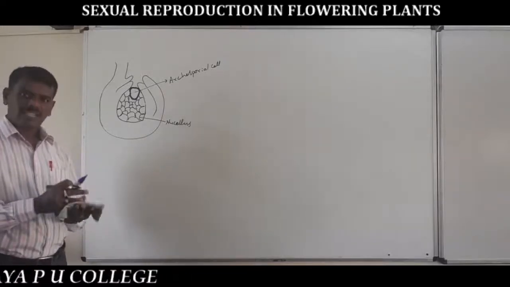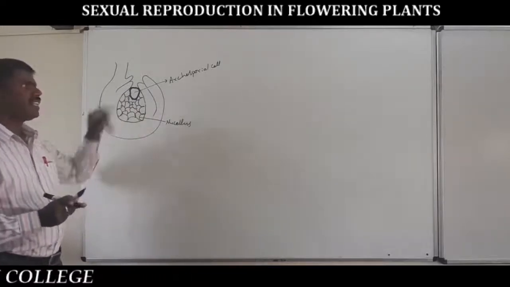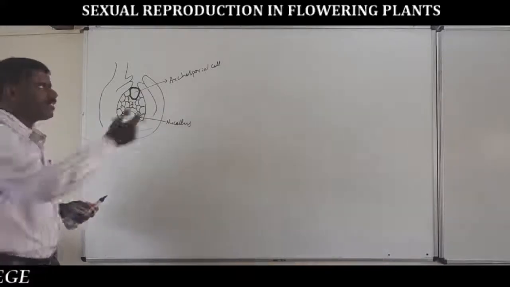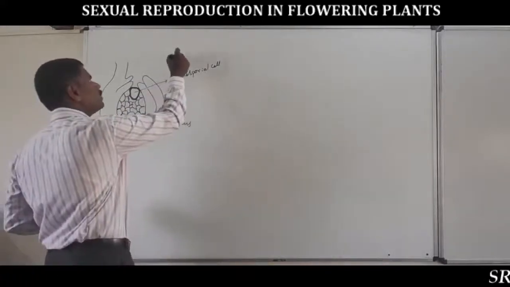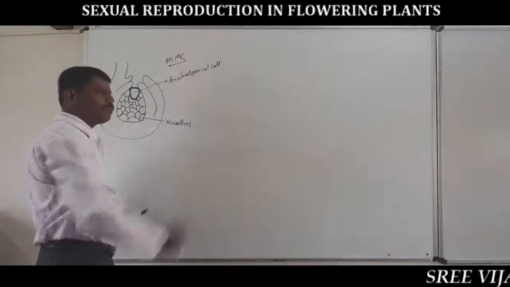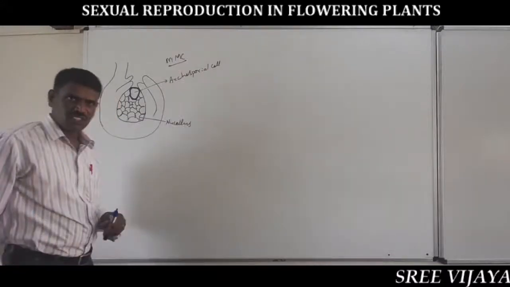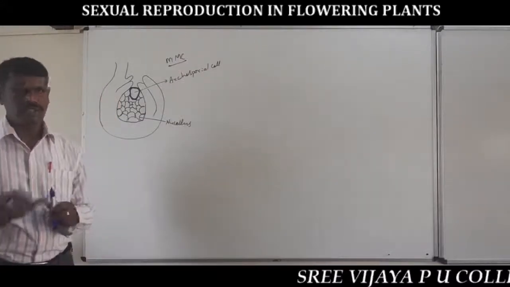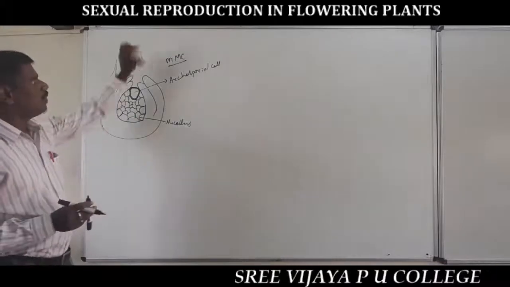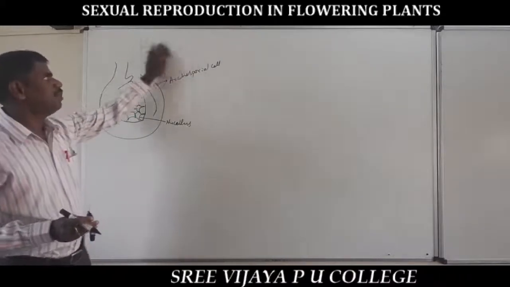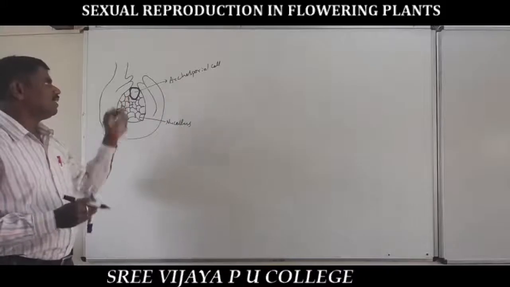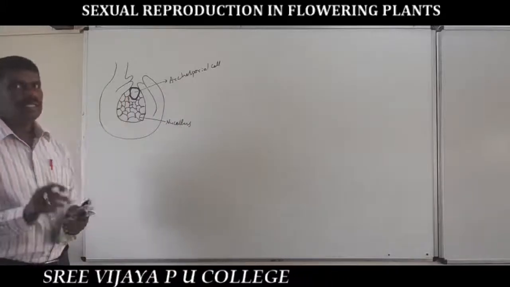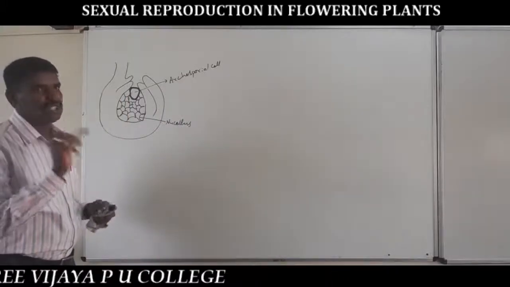In certain plants, this archesporial cell acts directly as the MMC, that is, the megaspore mother cell, which produces an embryo sac.